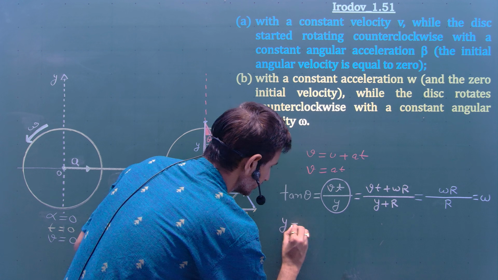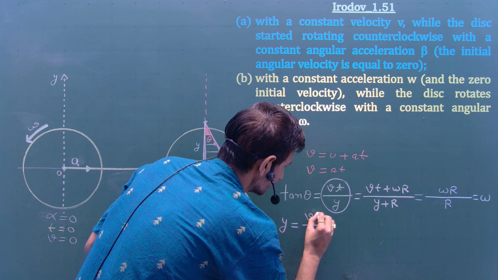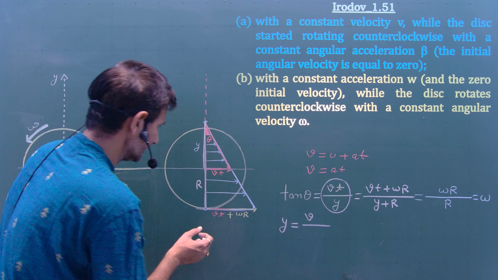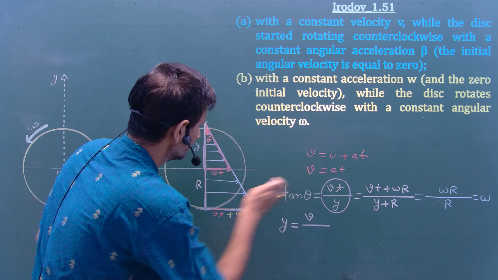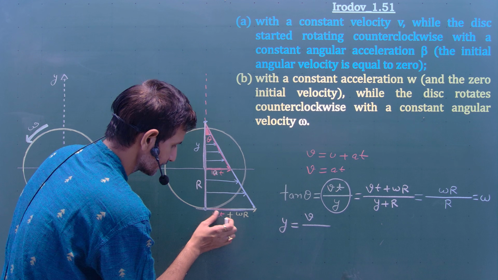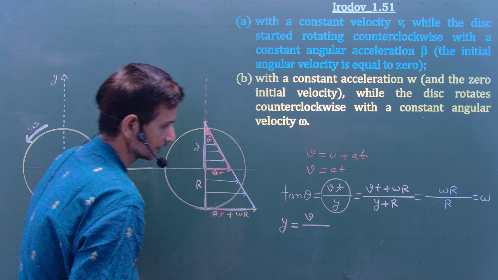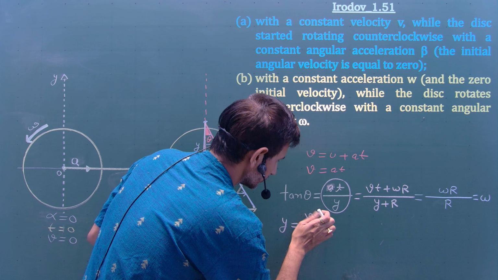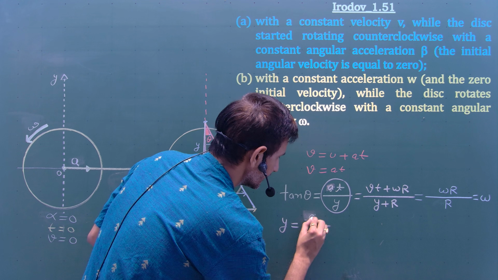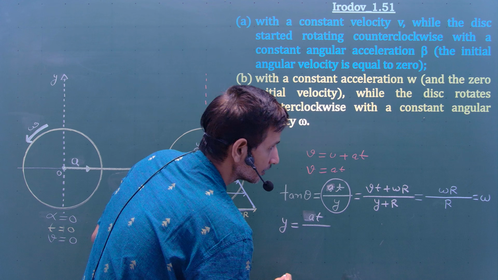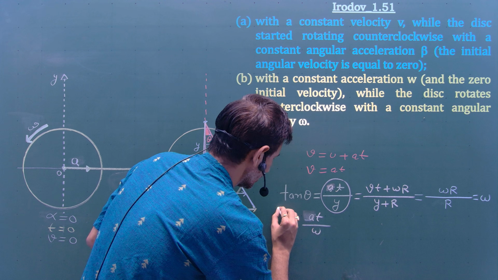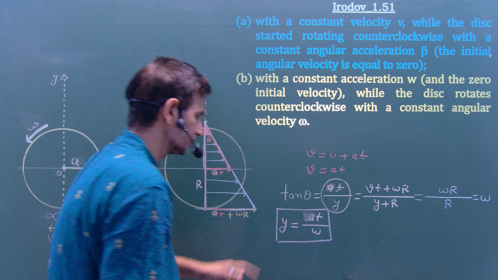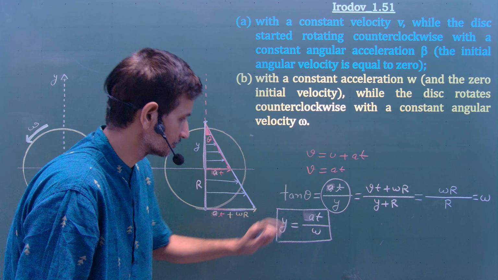So y should be equal to, oh, this is not vt, this is at, since v equal to at. So y is a into t divided by omega. This is the equation of the y coordinate in terms of time.